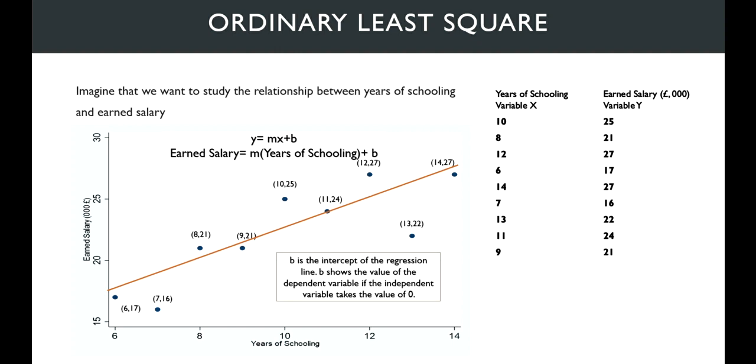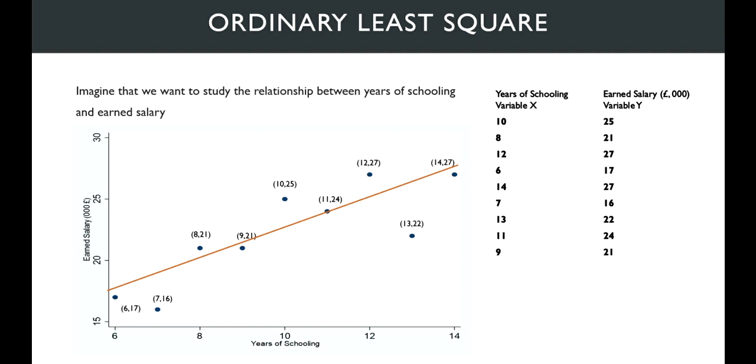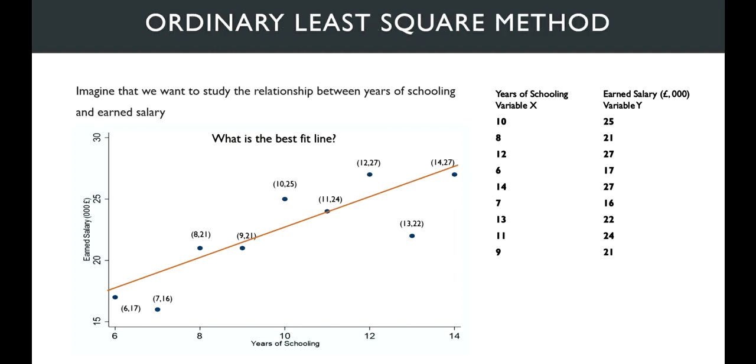Now, remember that this line was arbitrarily drawn. So I just drew this line, and so how do we know that it best fits the data? How do we figure out what is the best fit line?